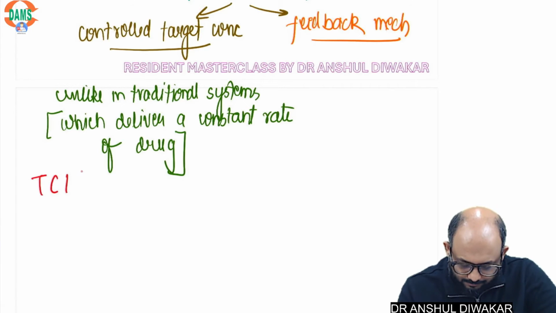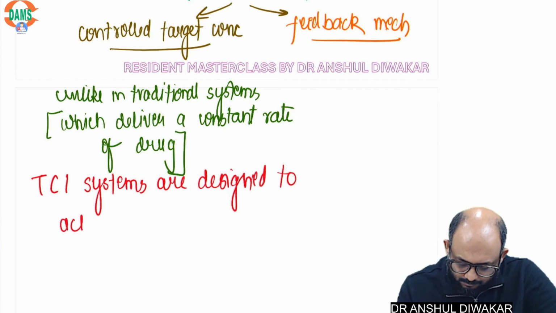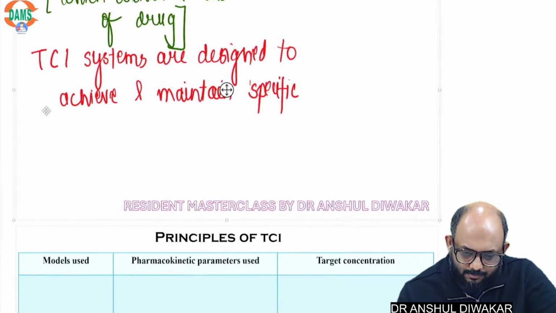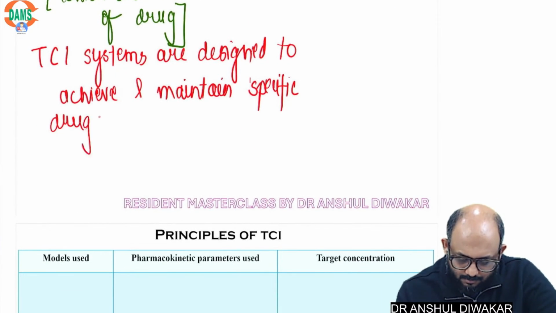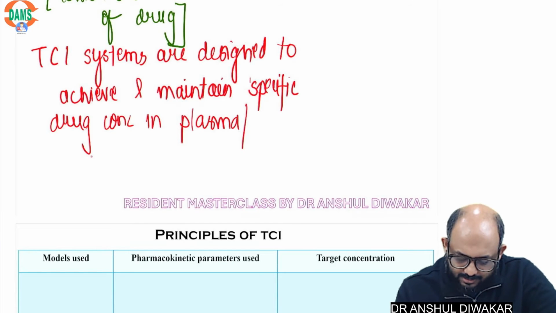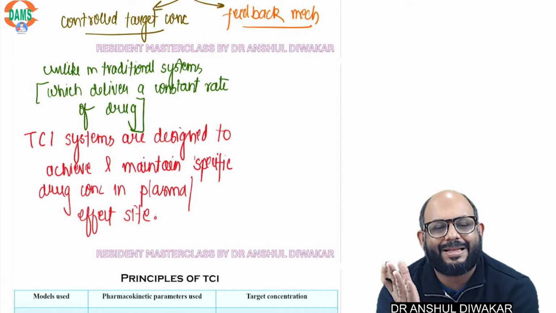TCI systems are designed to achieve and maintain a specific drug concentration in plasma or effect site. This is the first point of difference between TCI and TIVA.